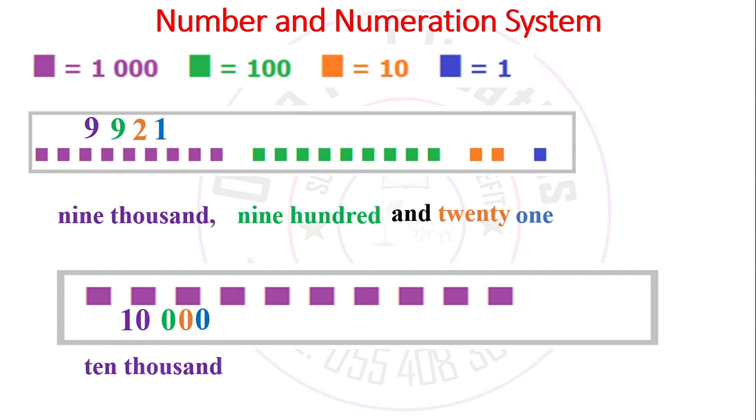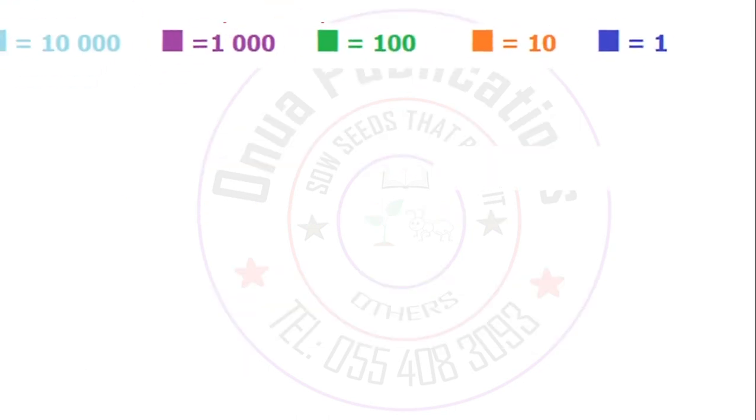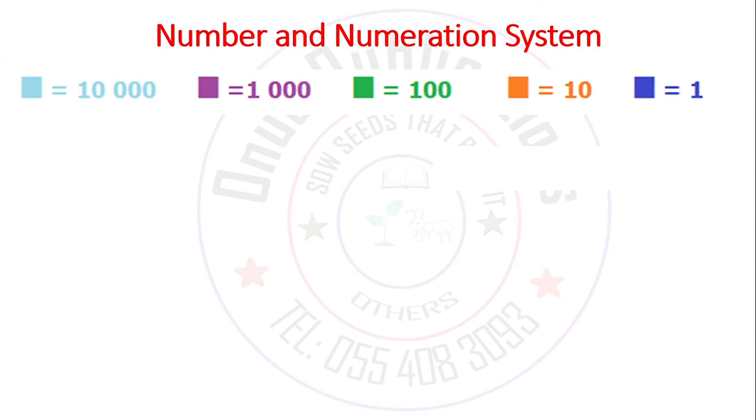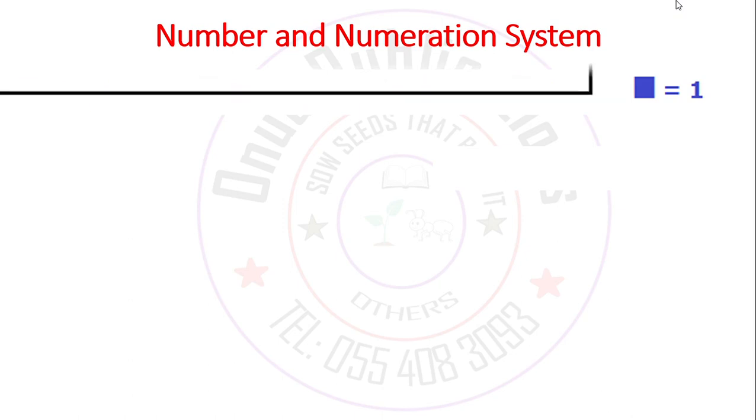So we are moving on. Our symbols. We've now moved to 5 digits, so we are going to introduce another one to represent the ten thousands. When you see this light blue here, it represents 10,000.